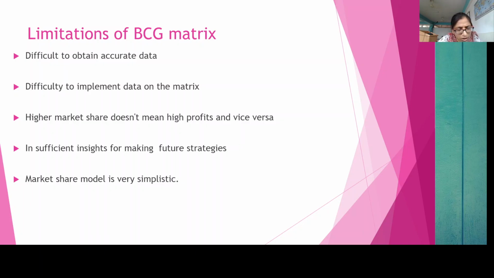The market share model is very simplistic, because it is not considering various other factors like cost and changing technology.